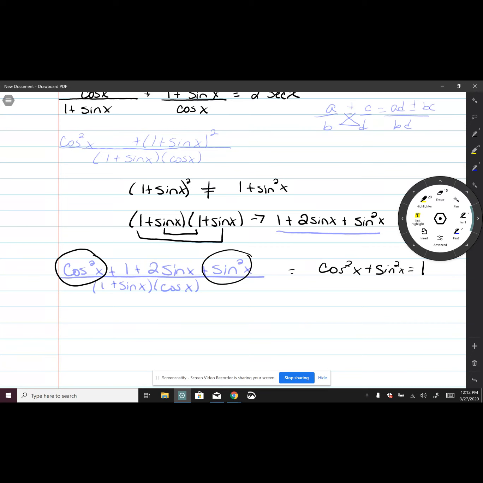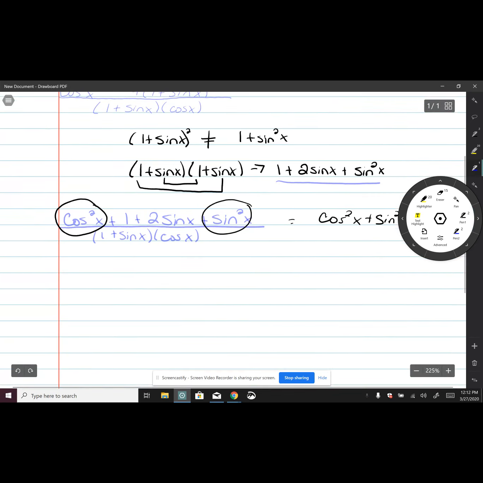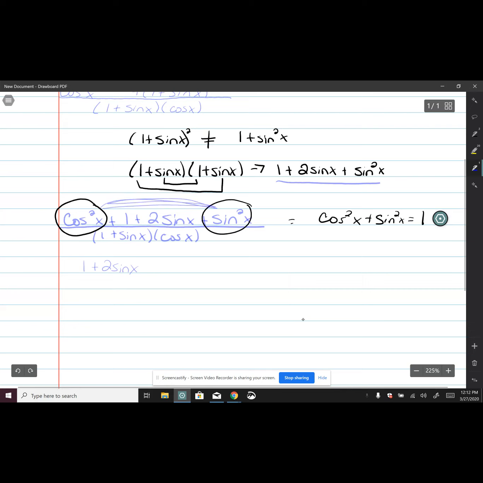So now we're going to rewrite our numerator, but instead of the cosine squared plus sine squared, we're going to replace that with a 1. So we have 1 plus 2 sine of x, because that's what's already there. And now I'm going to take these 2 that are right here, and I'm going to replace that with a plus 1, all over 1 plus sine x cosine, oops, forgot the C, x.